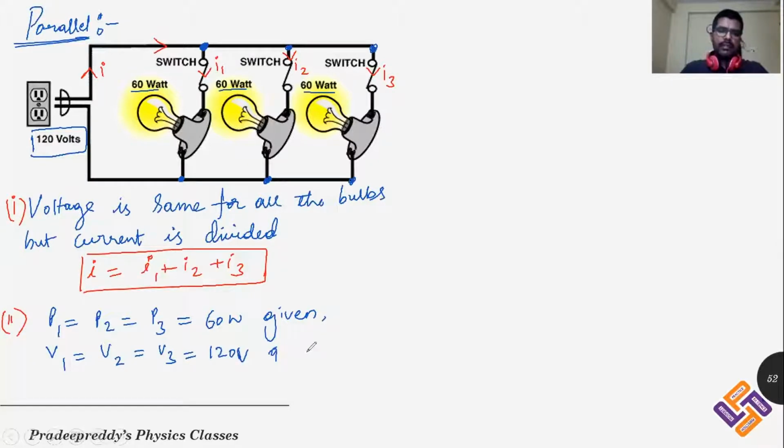This is also given. As voltage and power are the same, I can write resistance R1 is equal to V1 square divided by P1. R2 is equal to V2 square divided by P2. R3 is equal to V3 square divided by P3. This is what we have already learned.